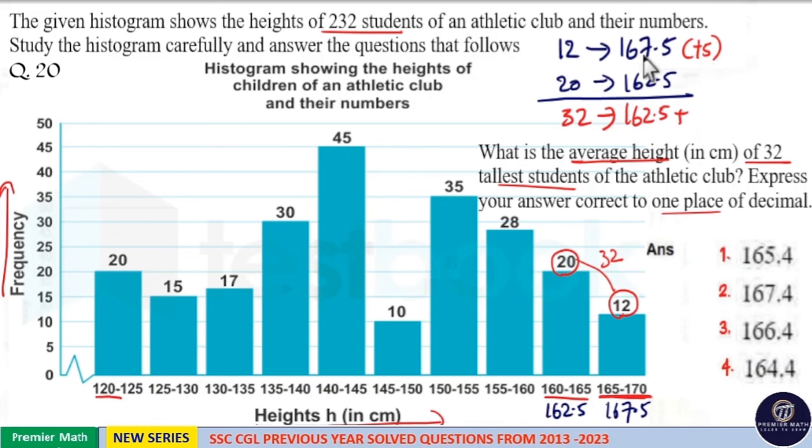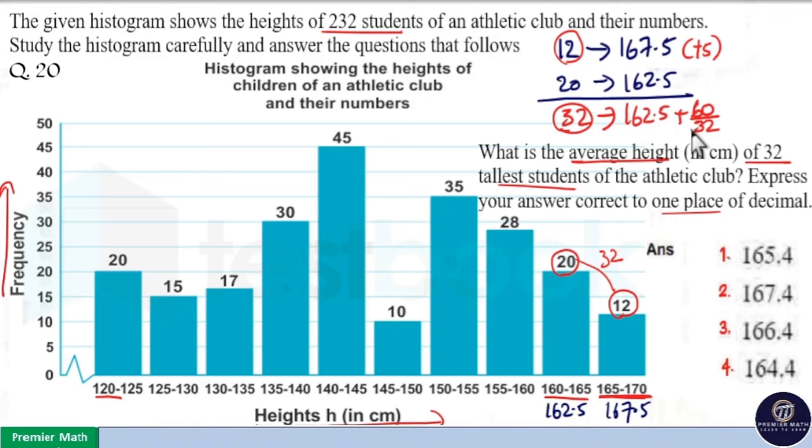This plus 5 increment is for 12 students, so 5 into 12 is equal to 60. So there is a total 60 increment in the average. This 60 should be equally distributed among the 32 students. So 60 by 32, 4 goes 8 times in 32 and 4 goes 15 times in 60, so 15 by 8. 162.5 plus 15 by 8: 8 goes 2 times in 15, so 162.5 plus 2 is around 164. Option 4 is your answer.